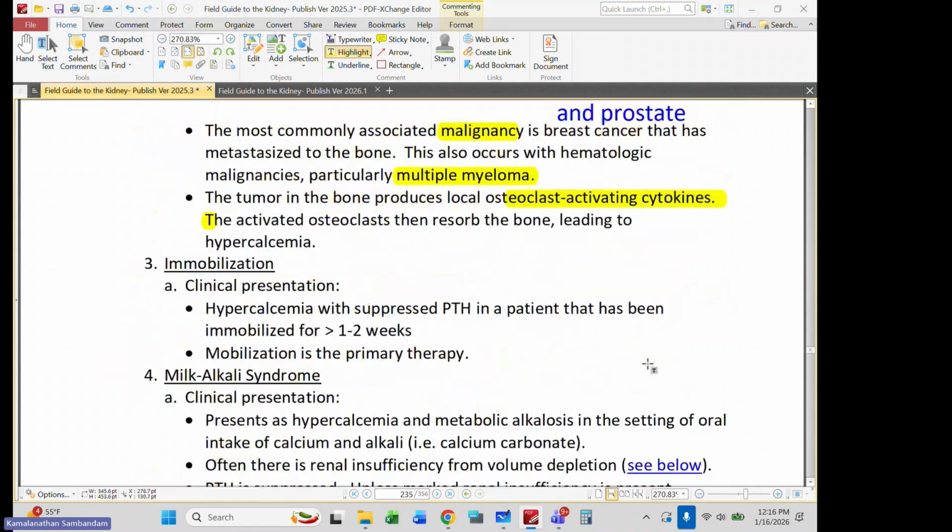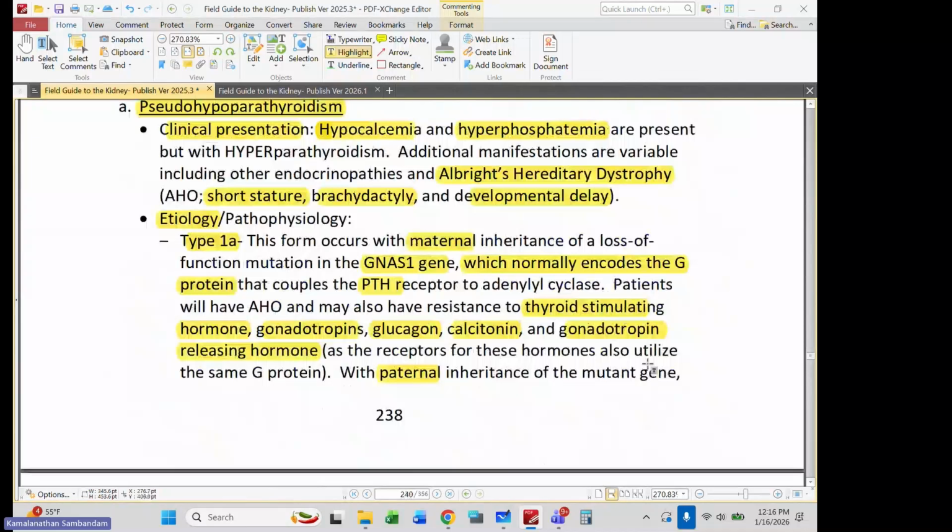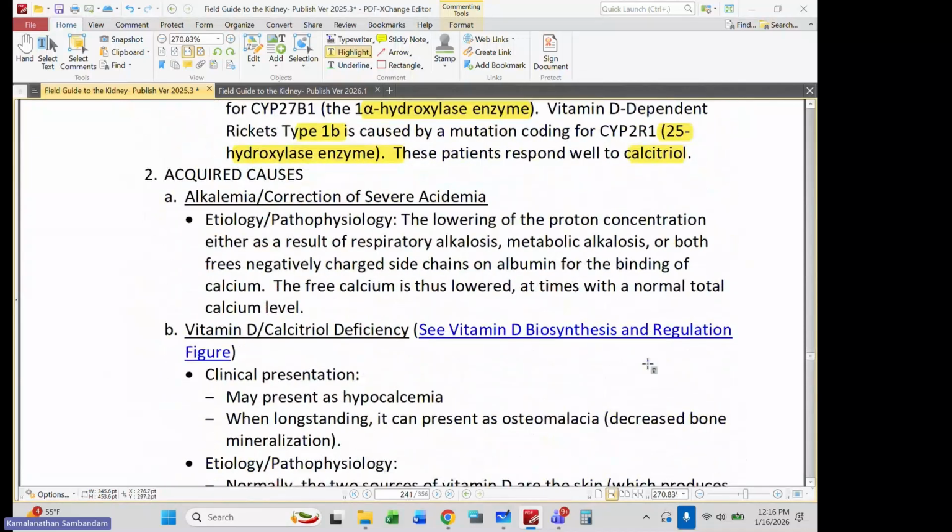Okay, so let's continue then on to the more common acquired forms of hypocalcemia with high PTH. So alkalemia or correction of severe acidemia can result in hypocalcemia. So when I'm correcting these underlying physiologic or pathophysiologic states, I essentially create more opportunities for calcium to bind to anions in various compartments, right?